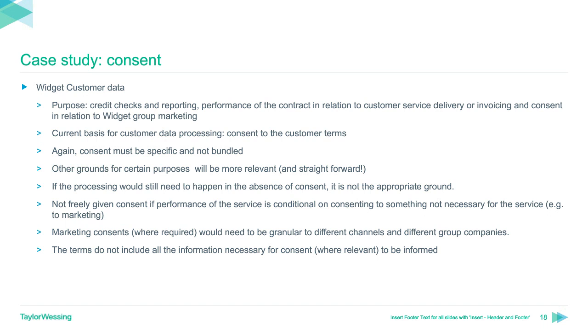So for example, consent's not going to be freely given where the performance of Widget's retail terms are conditional on consenting to the use of data for purposes that aren't necessary for that contract. An example in that case might be marketing. Marketing is not necessary for the purposes of the contract, so to try and tie it into an all-bundled consent under the terms would not work.